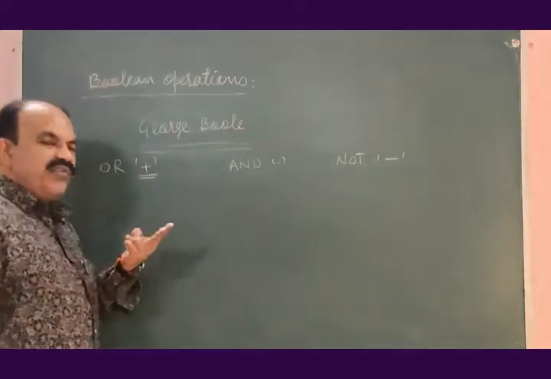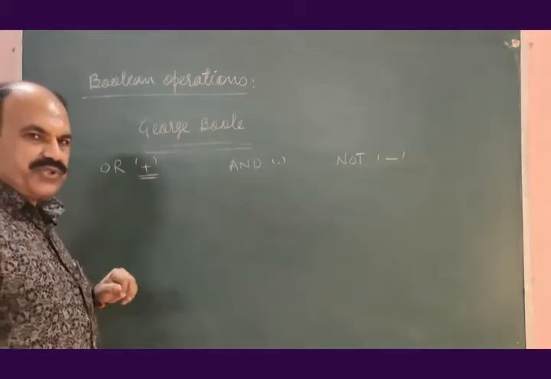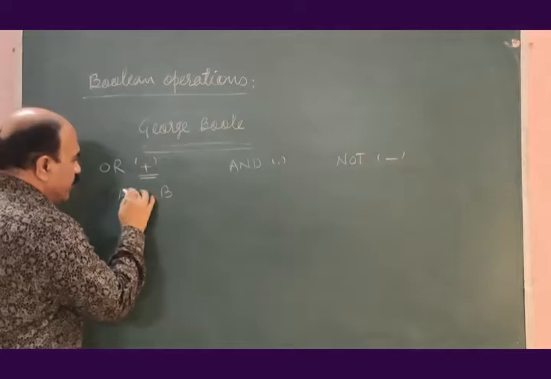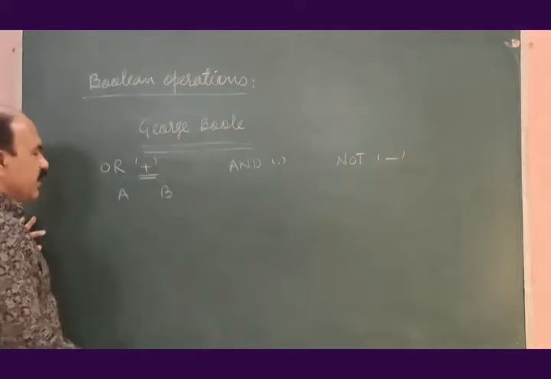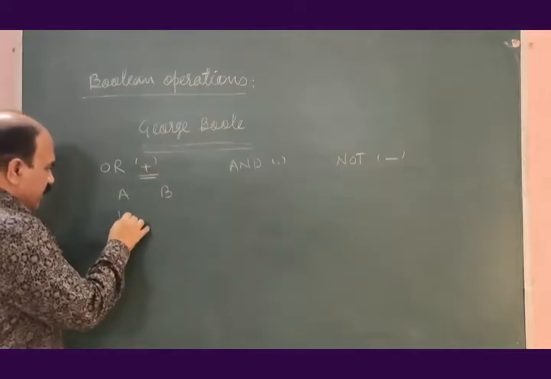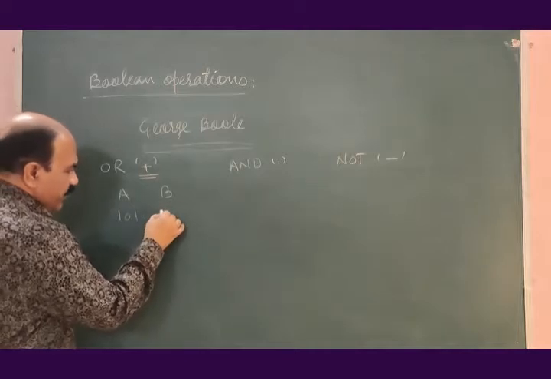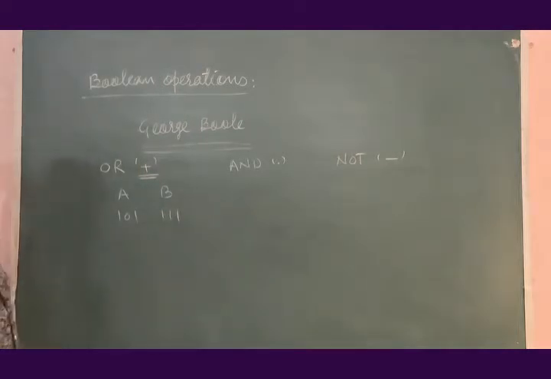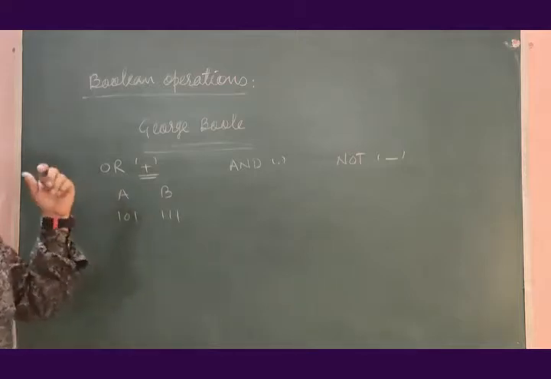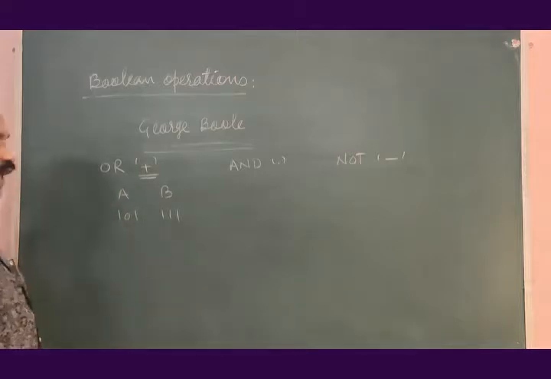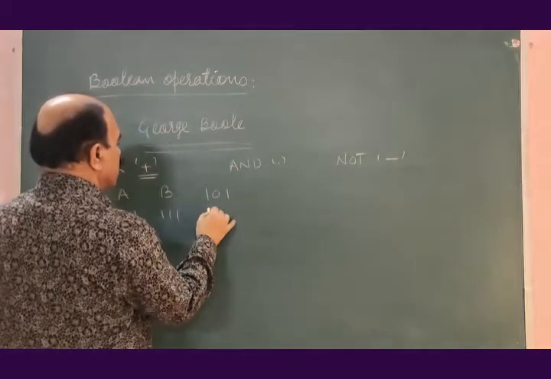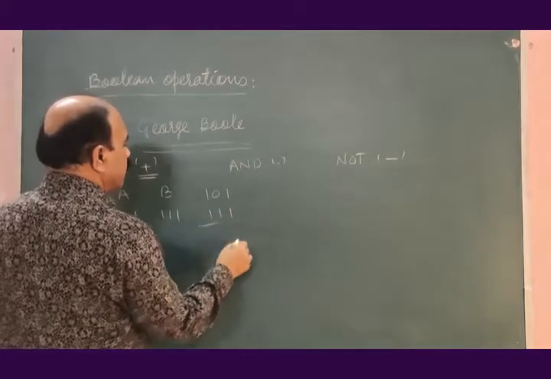Let us suppose that you are given two inputs. Input A is 1 0 1, input B is 1 1 1. You are asked to perform the OR operation of this A and B. How will you perform it?